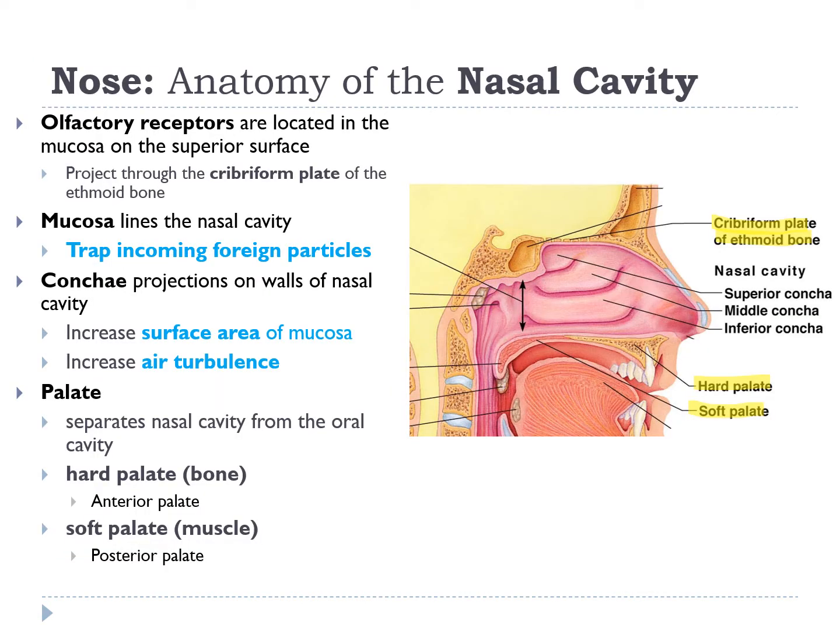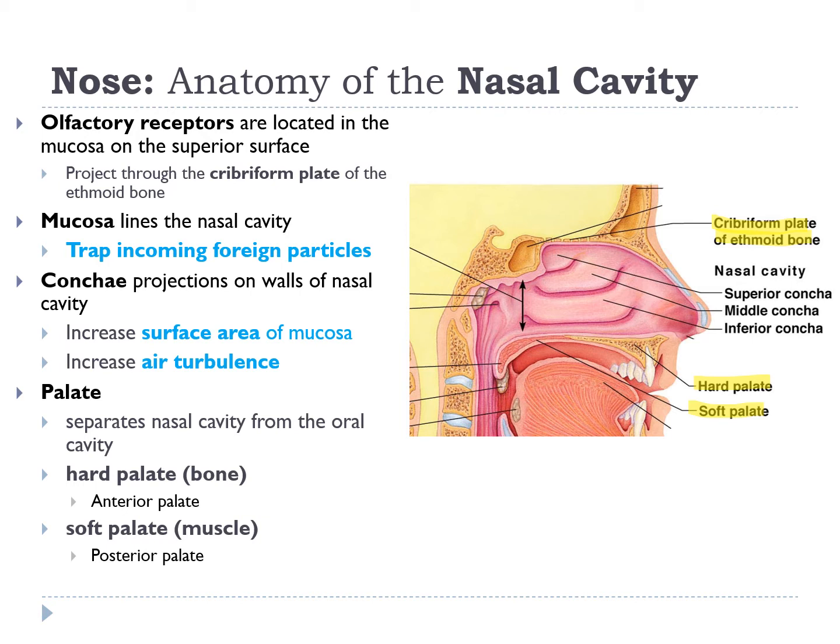So inside the nasal cavity, there's some structures of note. One is the olfactory receptors. These are located in the mucosa. Remember, the mucosa is the skin that makes up the inner ring of the donut that is our body. And instead of being dry and hard, it is soft and moist and covered in mucus.